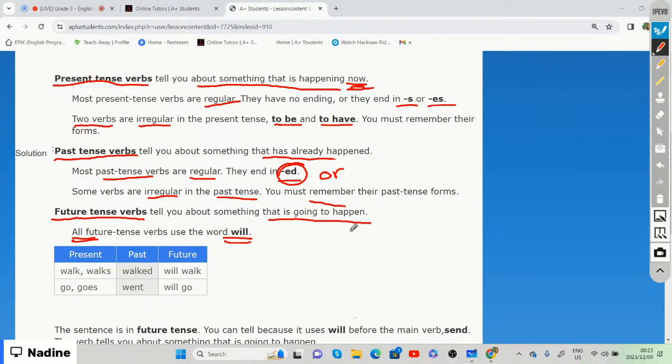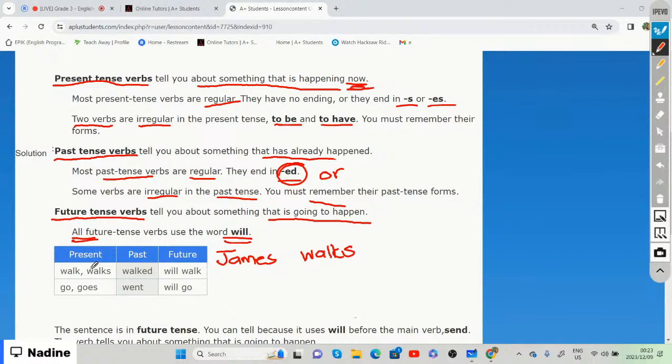And if we look at a few examples, in the present tense we can say walk. So we can make an example and say James walks to the park.